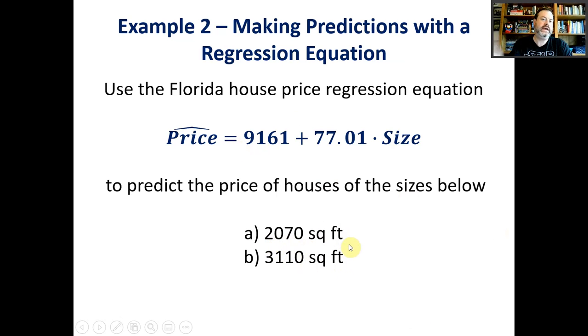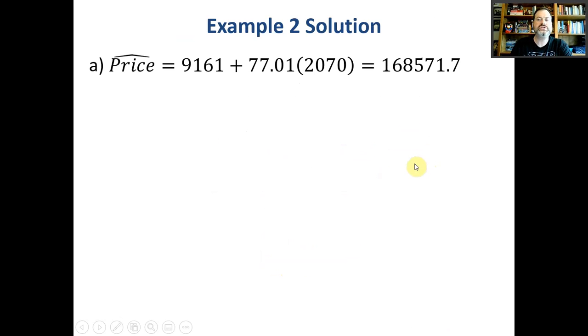So let's say that you're a real estate agent, and you're trying to sell a 2,070 square foot house. You want to know, on average, what does a house like this cost? Well, you take this equation and you just plug in 2,070 into here. And then you take the equation, you plug in 3,110 into this equation. That's all shown on the next slide.